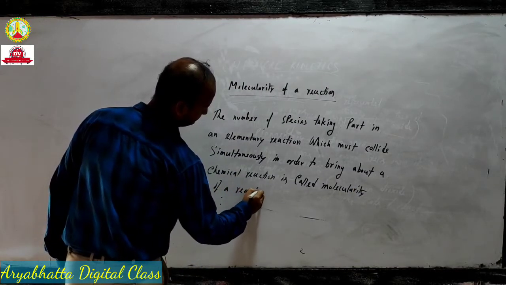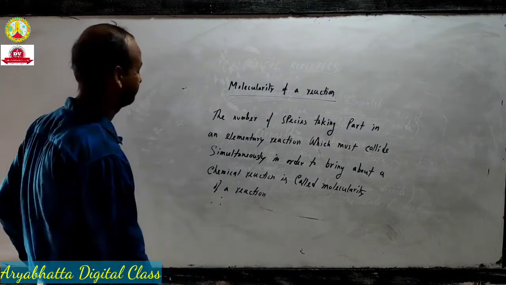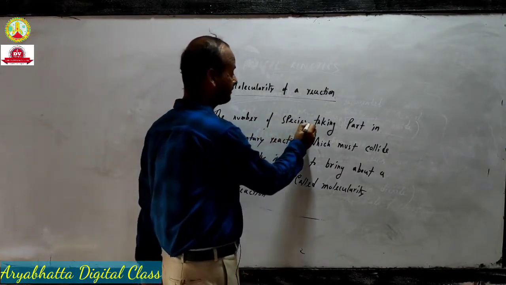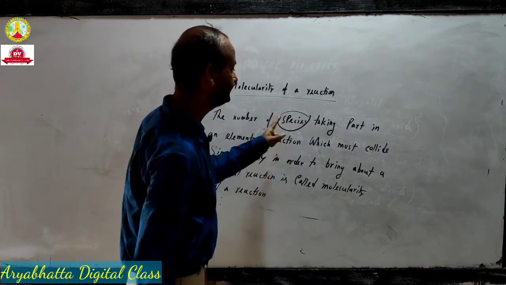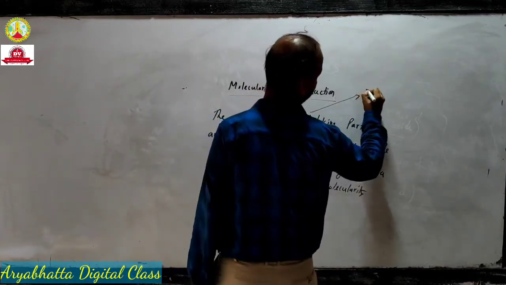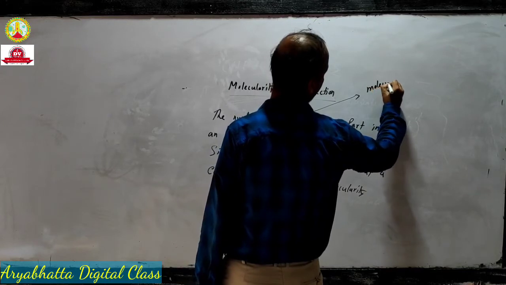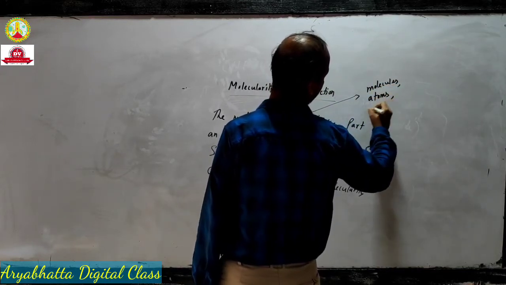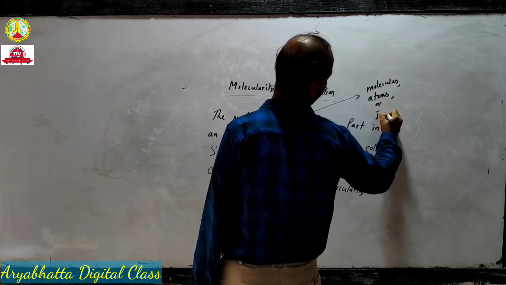Please read the definition very carefully. The number of species. These species can be molecules, atoms, or ions.